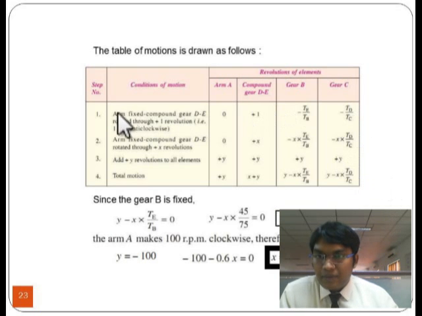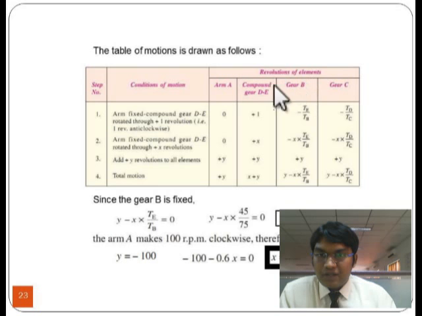Now as we saw in the previous sum, the first condition is that the arm is fixed. I'm fixing the arm. Then compound gear DE is rotated through +1 revolution anti-clockwise. So compound gear DE, I'm going to give it a rotation of +1 revolution. Next, in this case, what will be my speed of gear B?